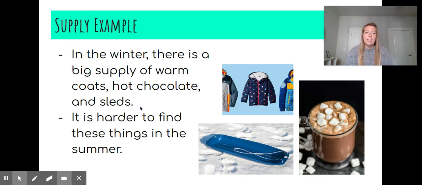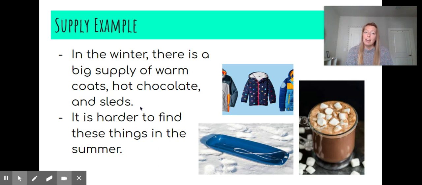They sell those things in the winter because they are the things that people use in the winter. It's cold in the winter, so people are going to need to buy a winter coat and some hot chocolate to keep them warm. And it also snows in the winter, so people buy their sleds in the wintertime to use them. These things are much harder to find in the summer. So there is a bigger supply of them in the winter.